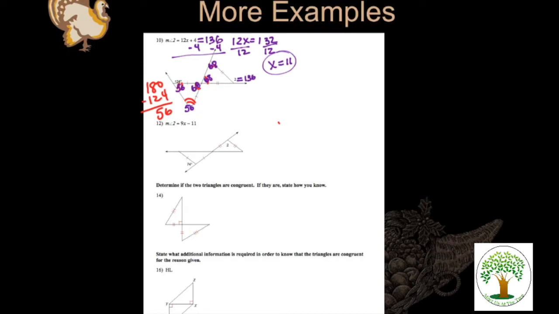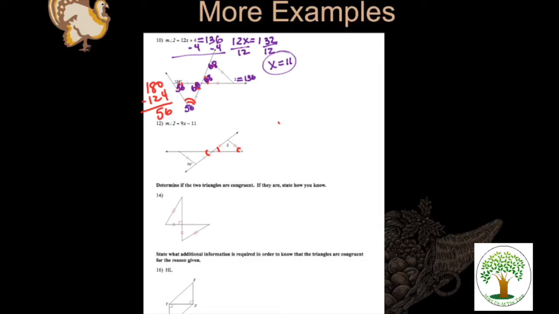Let's do number 12 together. Number 12, we have an isosceles triangle here and an isosceles triangle there. So these base angles are congruent. It's vertical, so those are congruent.